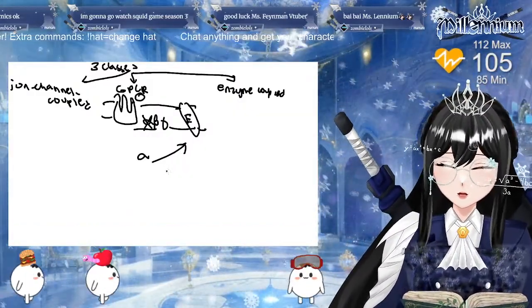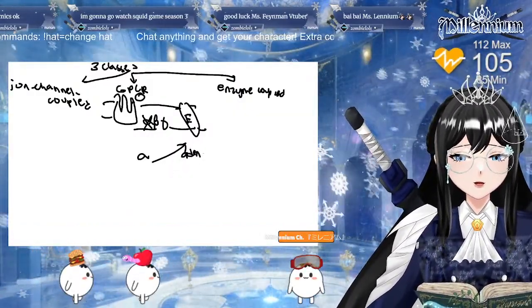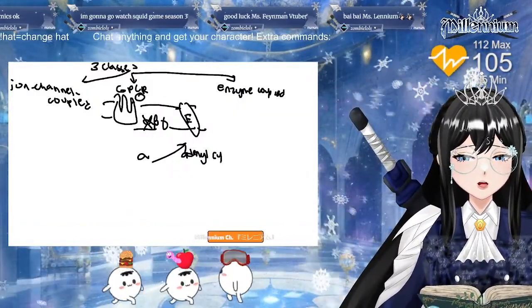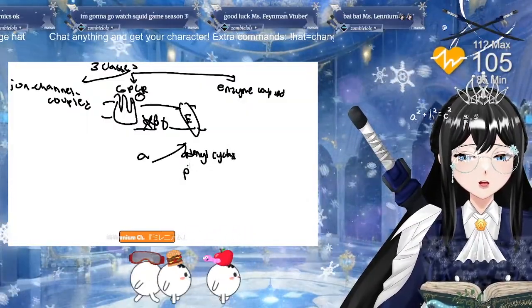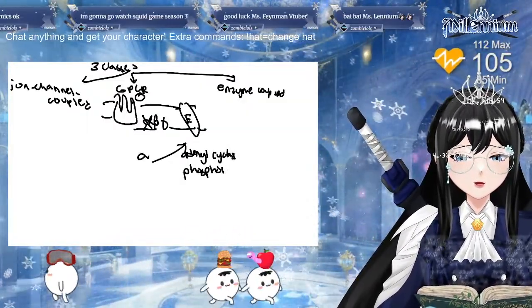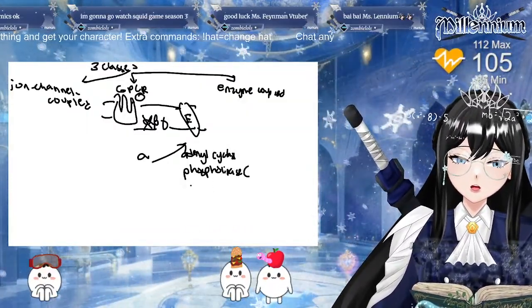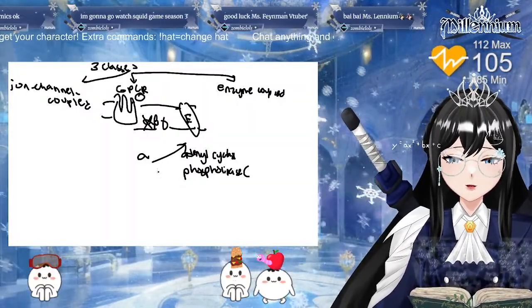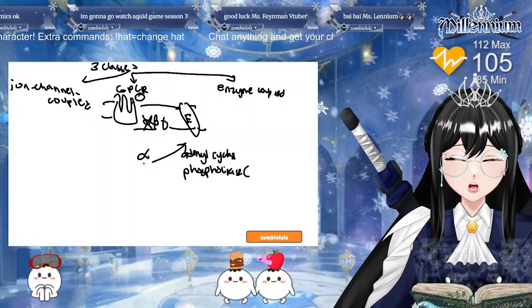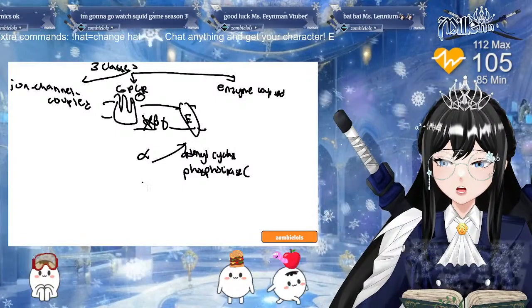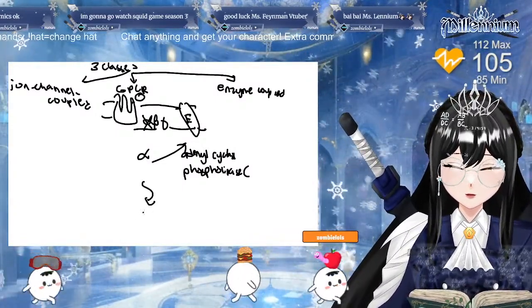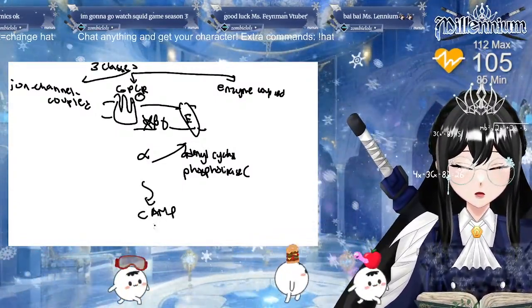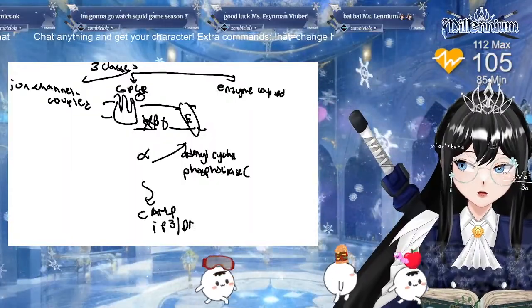It activates that enzyme. Which enzyme? The adenyl cyclase or phospholipase C. And after that, it triggers some other stuff like cAMP and IP3 DAG.